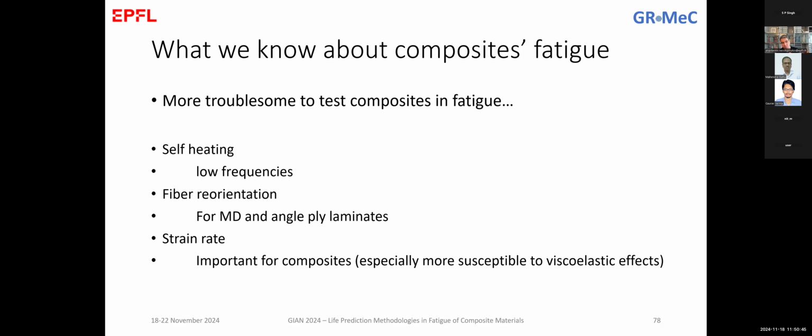And this means that we need more time to do fatigue testing of a composite material compared to fatigue testing of metals. In metals, you can go up to 25 hertz of frequency, and you can complete 1 million fatigue cycles in less than half a day. And for composites, we cannot go more than 10 hertz, which means that we need more than a day to complete 1 million cycles.